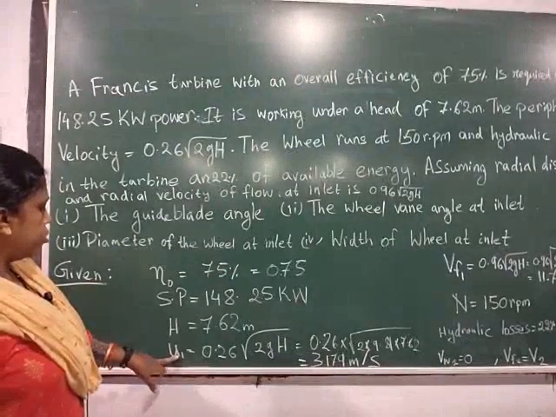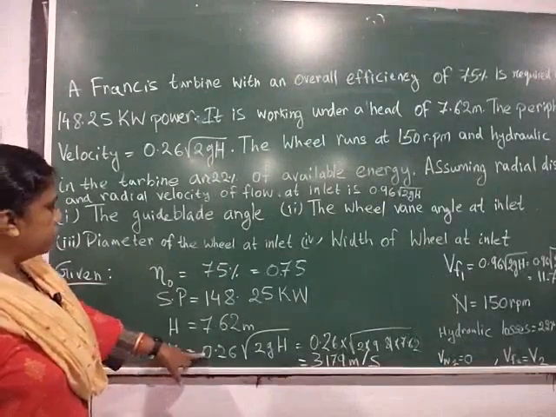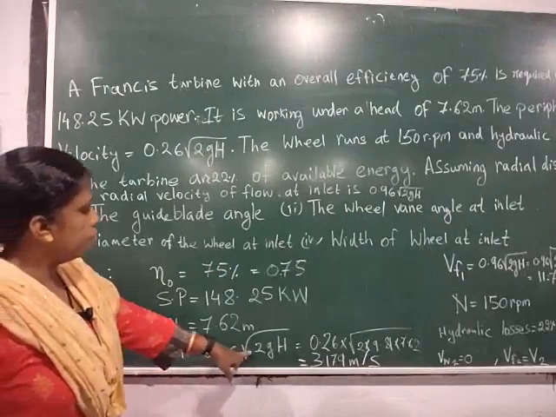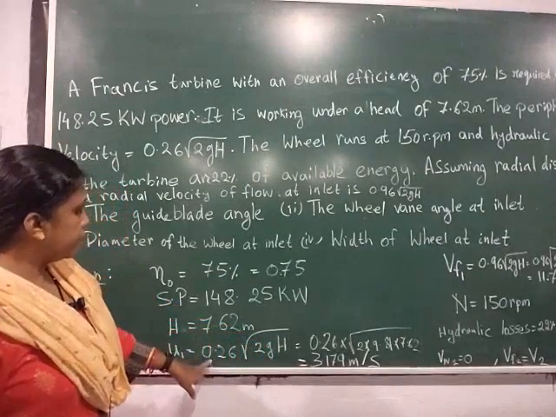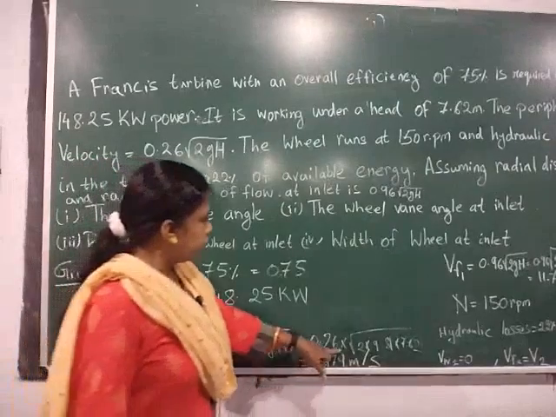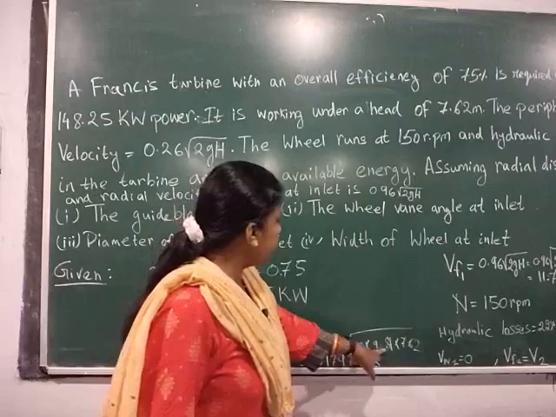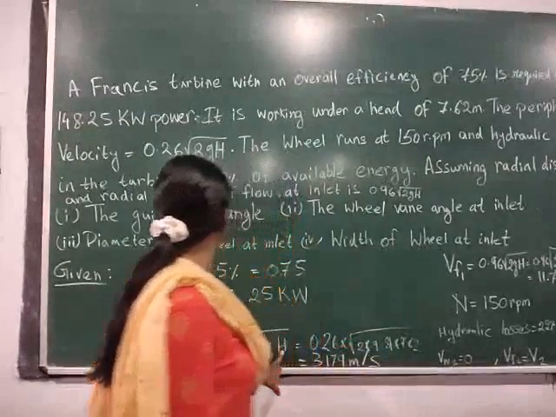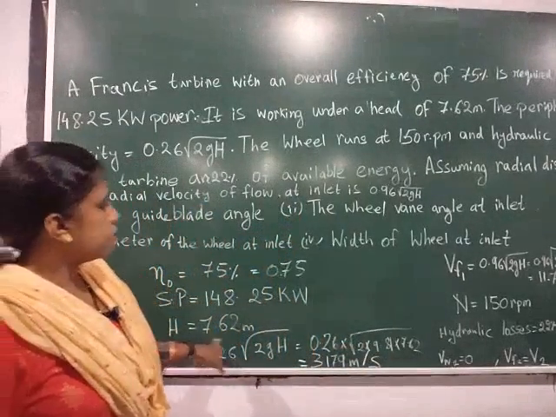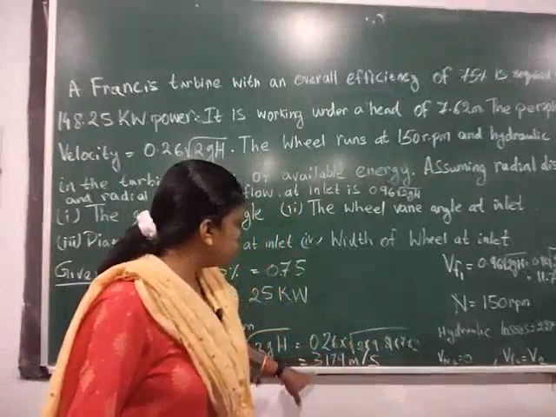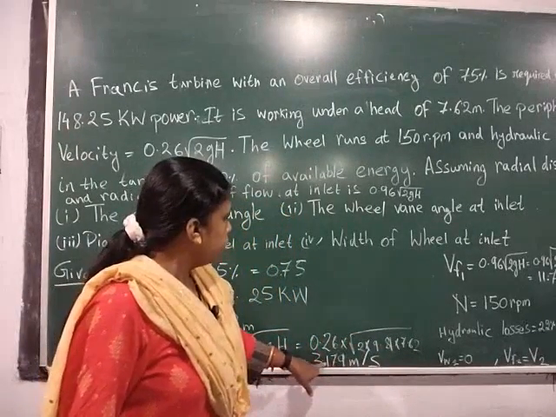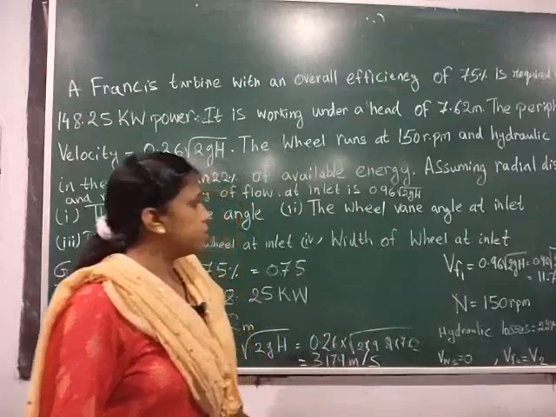So here, as you can see, U1 is equal to 0.26 root over of 2gH. So that means 0.26 root over of 2 into g is 9.81 and H we have seen here 7.62. So we are getting 3.179 meter per second.